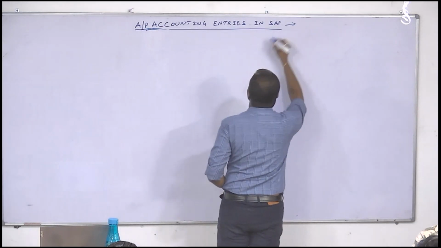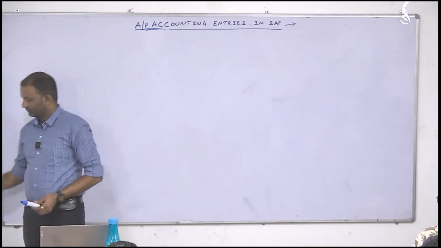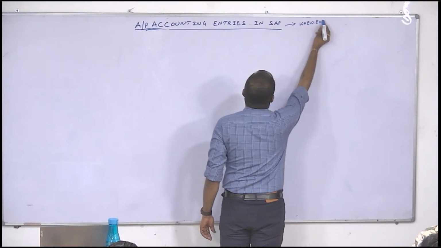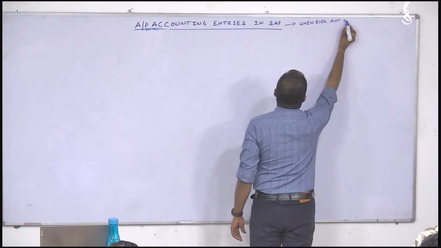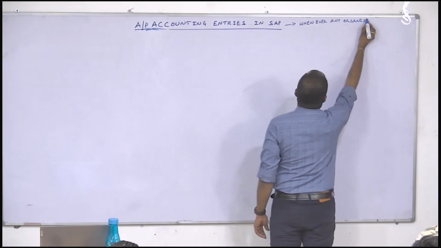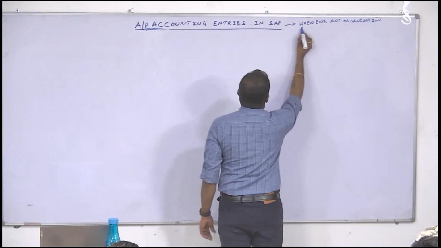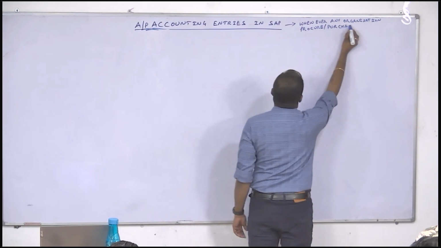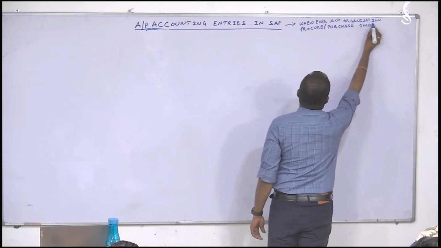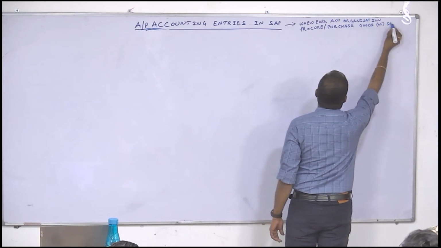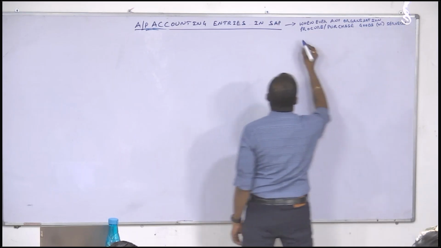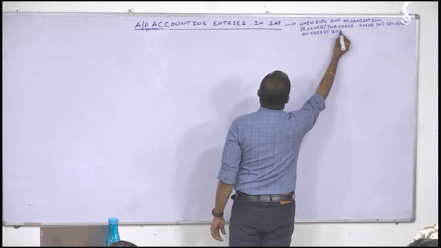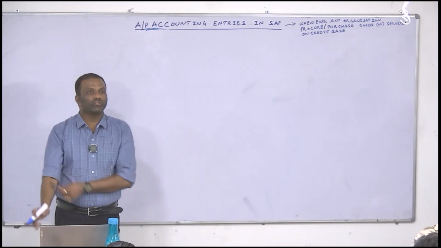When organizations procure goods or services on credit basis, then only accounts payable will come into the picture.